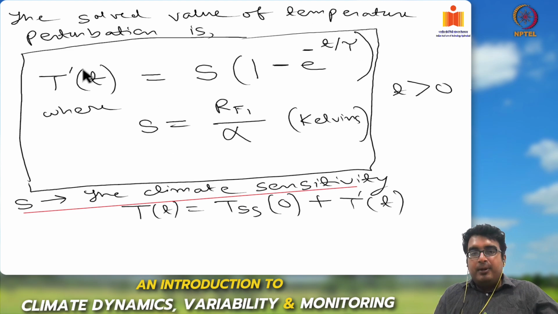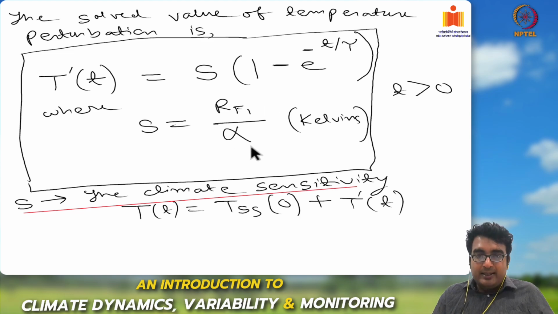The temperature perturbation with time starting from t greater than 0 is this factor S, which is the constant radiative forcing by alpha. So here remember alpha is watt per meter square Kelvin and radiative forcing is watt per meter square. Okay.